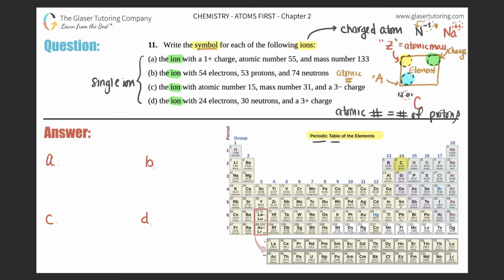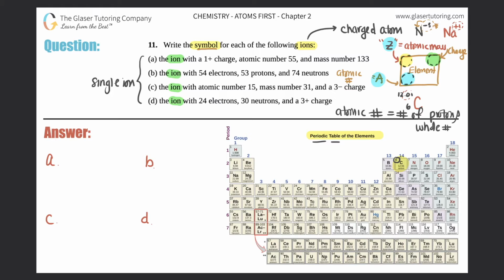For example, for carbon, it's always going to be the smaller number of the two. It will be 6. Your atomic number, the number of protons, will always be a whole number, and it's always going to be the smaller of the two. So Z up on top, A on the bottom. Z is the higher number, A is the smaller number.